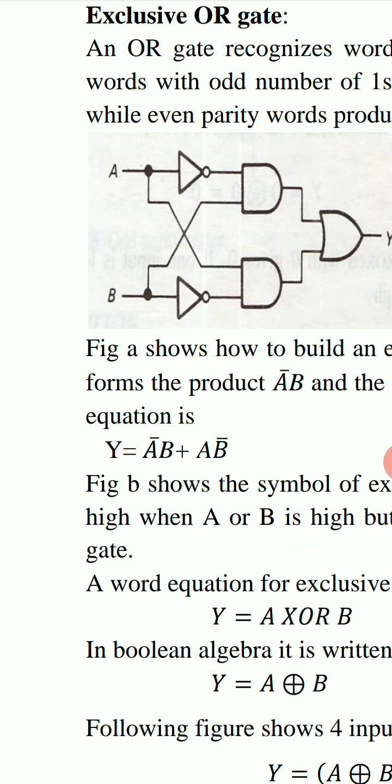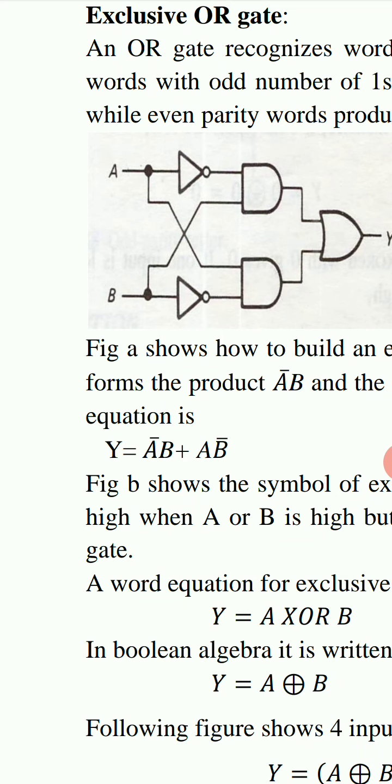What will be the output of the upper AND gate? Its inputs are A bar and B. So output of upper AND gate will be A bar dot B, which we can write as A bar B. Similarly, the output of lower AND gate will be A B bar, because its inputs are A and B bar.